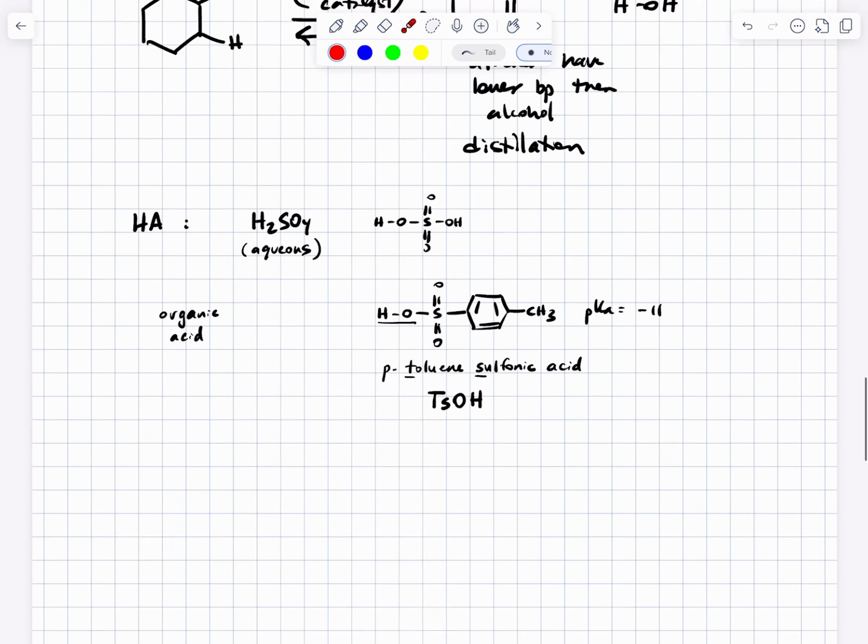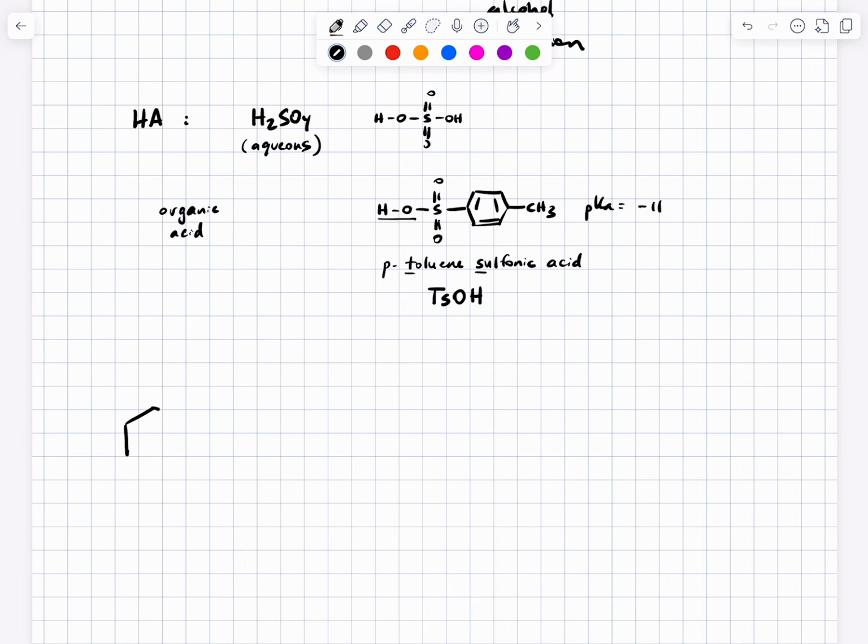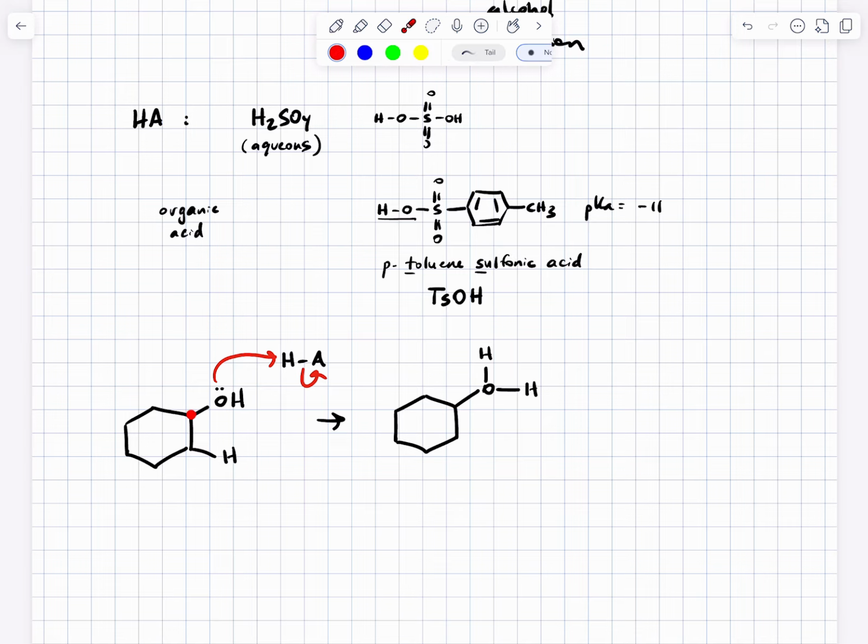So our mechanism for this reaction would be first, HA protonates the OH group to give you the oxonium ion. I'm not showing dashes or wedges because this carbon is not a stereocenter, so the stereochemical configuration doesn't matter. Then we show the leaving group leaving.